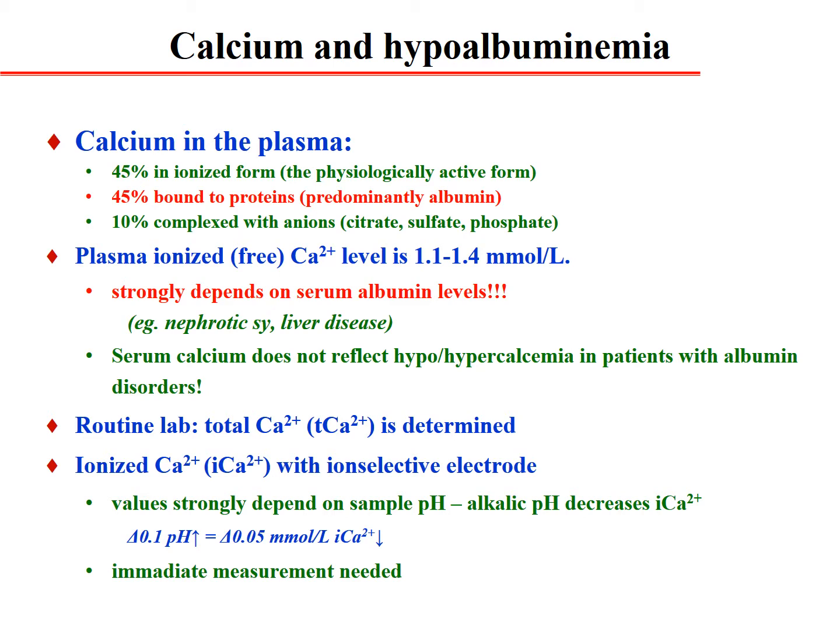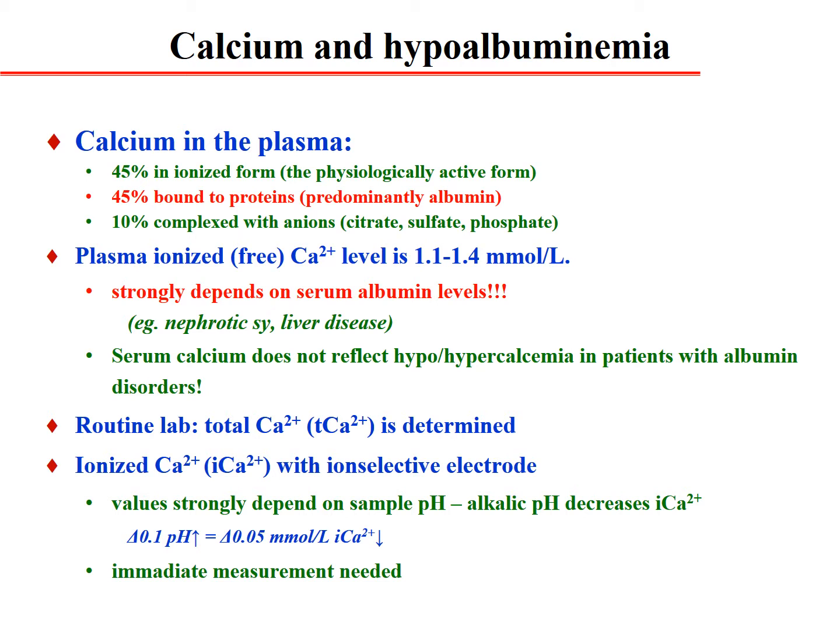This is why, when the routine lab measures total calcium, we cannot directly state what the free calcium level is. We could measure the ionized calcium using an ion selective electrode. Nowadays it is relatively easy to measure, and you can request the ionized calcium, but the lab generally measures the total calcium.